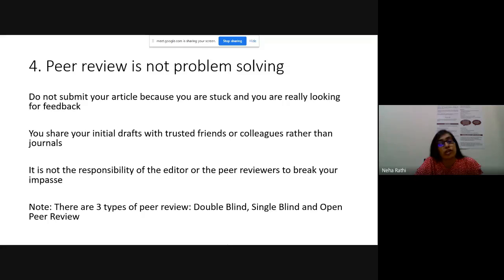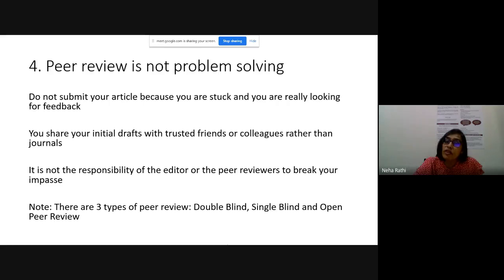Now coming next to single blind. Appetite has a single blind peer review. In single blind, in your manuscript, you write your affiliation and your names, and then you submit. So the reviewers know your identity, but you don't know the reviewers' identity. You will get their comments, but their identity is never revealed.